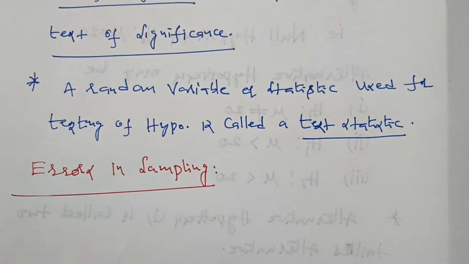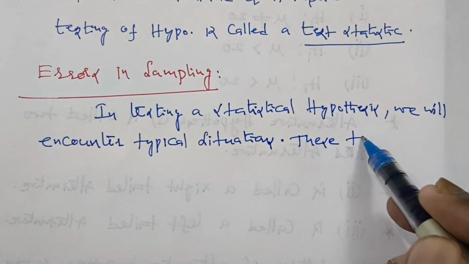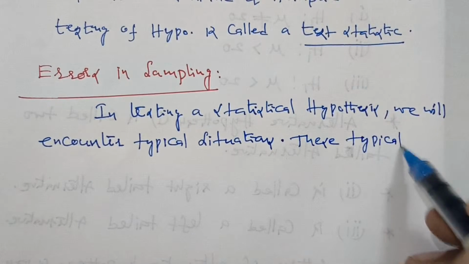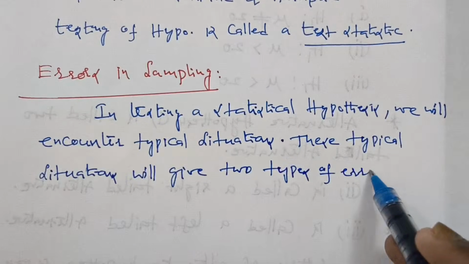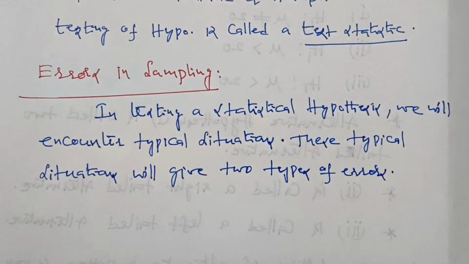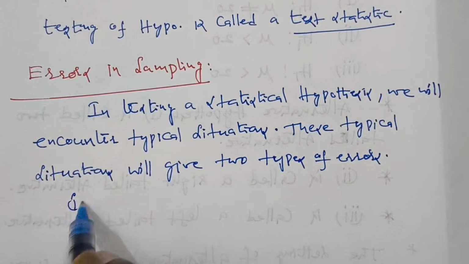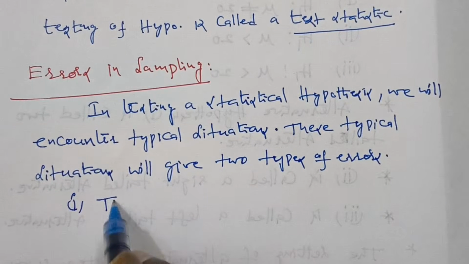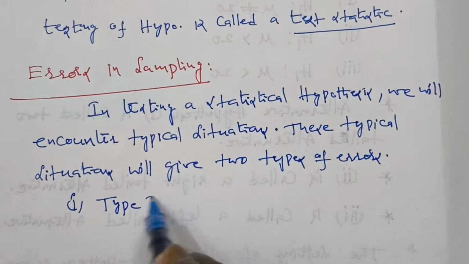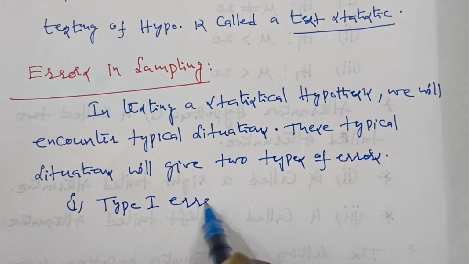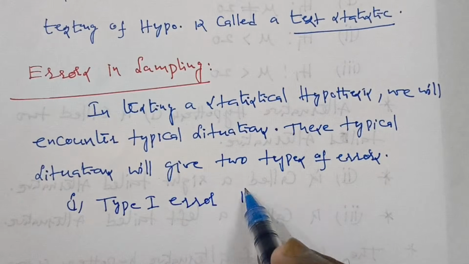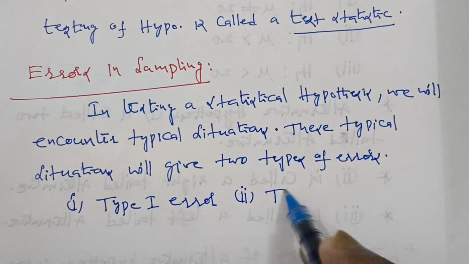Now an important subtopic, that is errors in sampling. While testing a given statistical hypothesis, we will encounter typical situations. These typical situations will give two types of errors. That is, number one, type 1 error, number two, type 2 error.